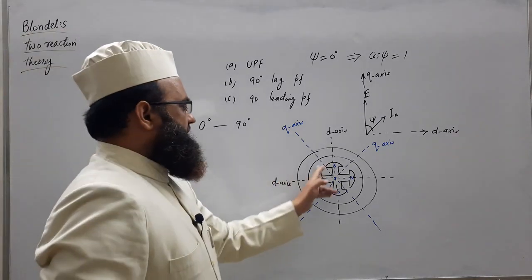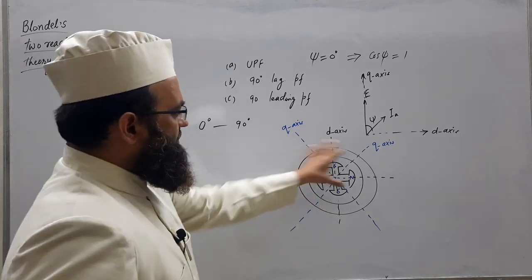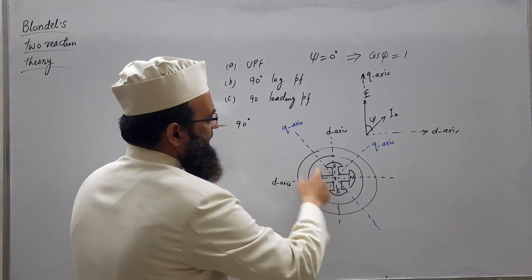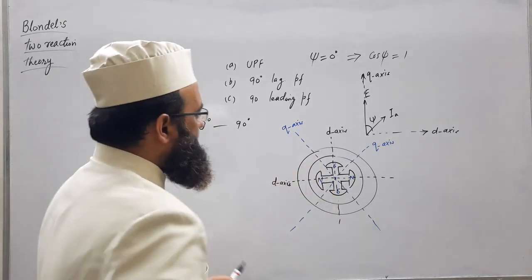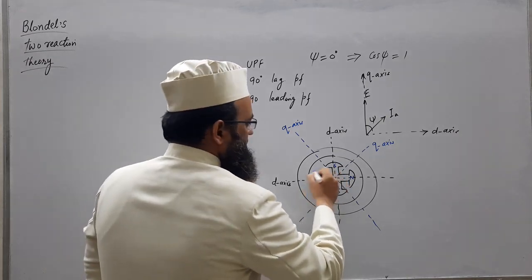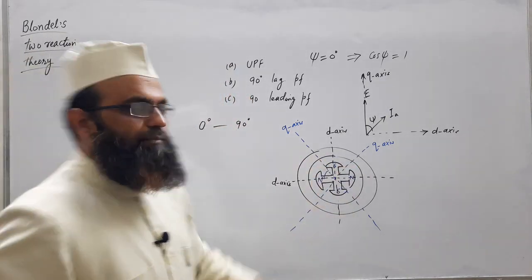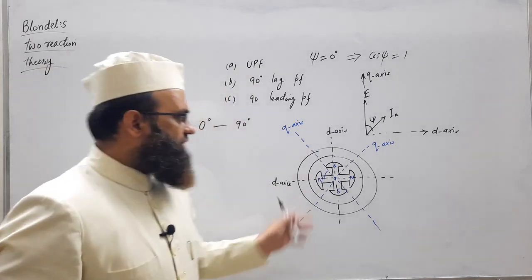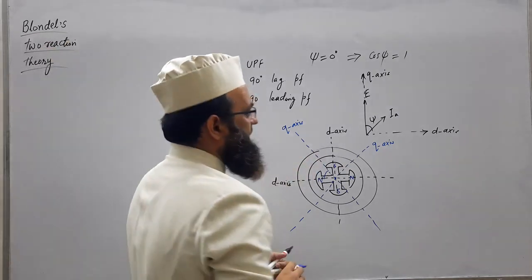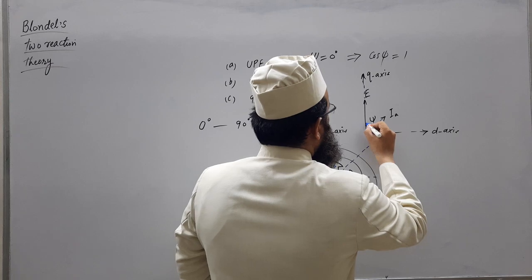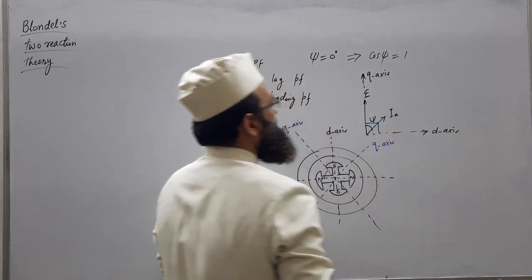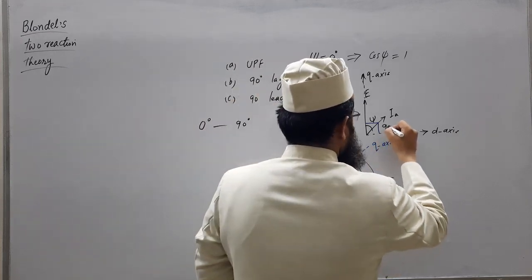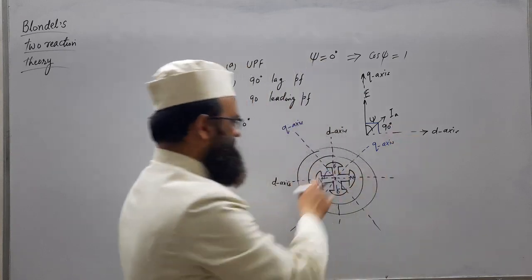So this is mechanical theta. For a 4-pole structure, this is 90, so this is 45 degree mechanical. What will be the electrical degree? If this angle is 45 degree mechanical, electrical will be P by 2 into theta mechanical, that is 4 by 2 into 45, that is 90 degrees. So remember, the electrical angle between two adjacent d and q axes is always 90 degree electrical. Don't be confused by this 4-pole structure.